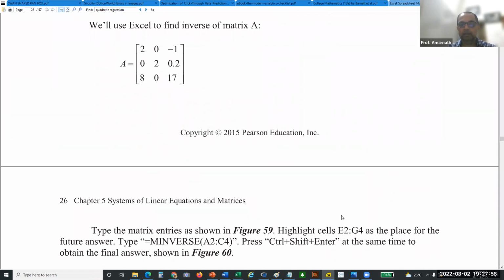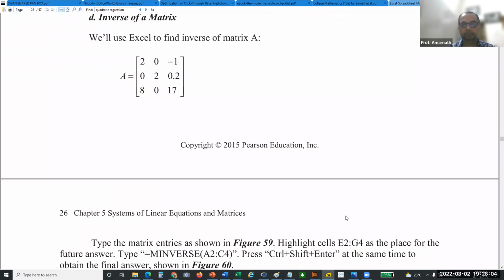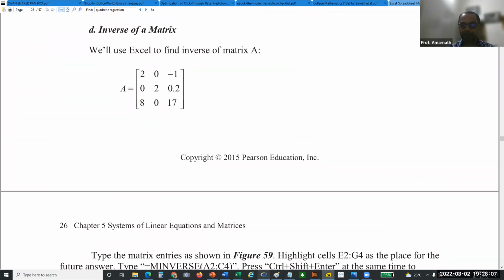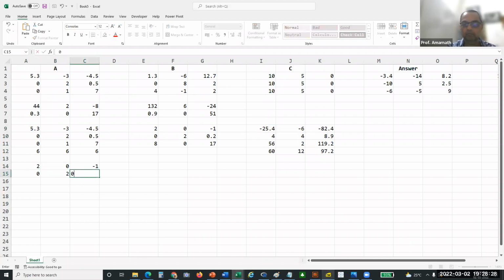We'll take that, and I have my inbuilt function MINVERSE to get the inverse of a matrix: 2, 0, minus 1, 0, 2, 0.2, 8, 0, 17.